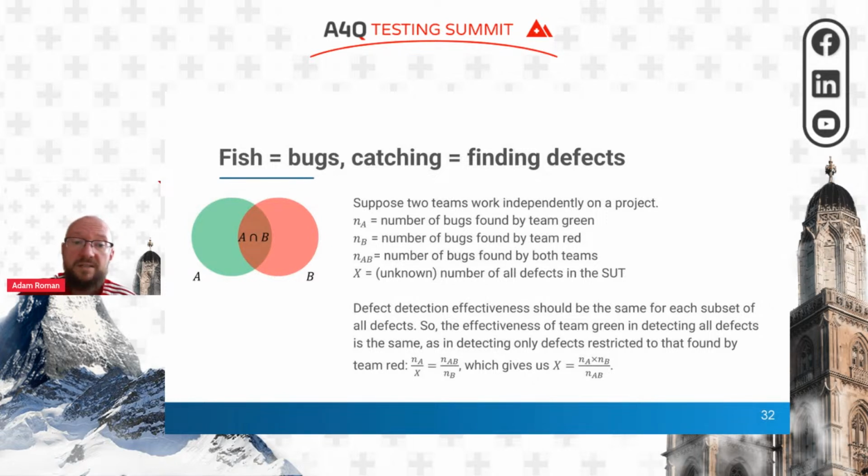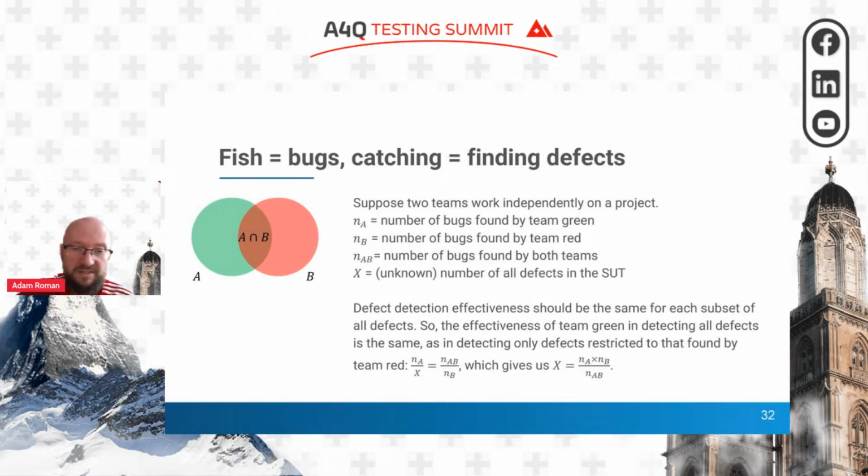So we assume that defect detection effectiveness should be the same for each subset of all defects. So the effectiveness of this green team in detecting all defects is the same as in detecting only defects restricted to those found by the red team.